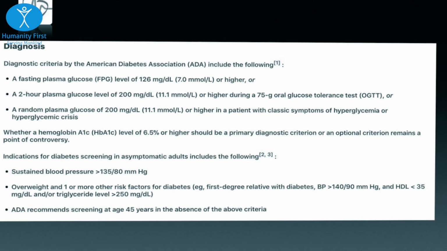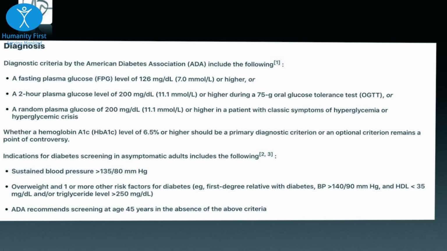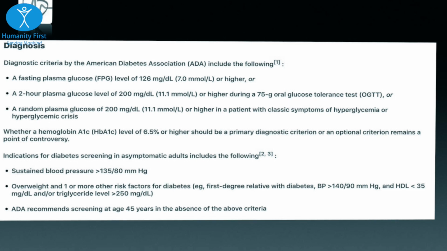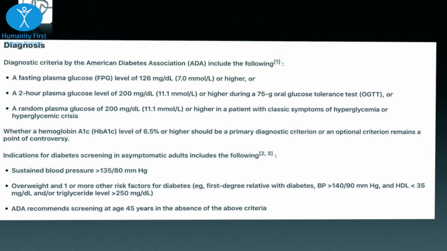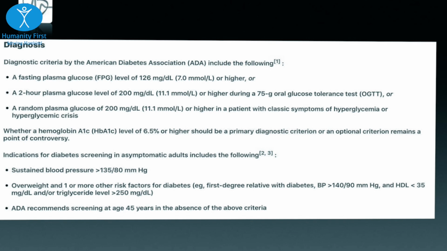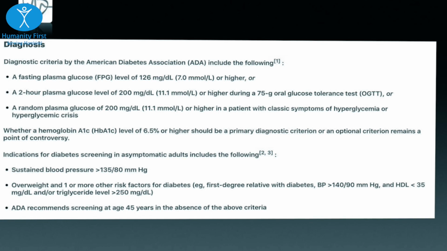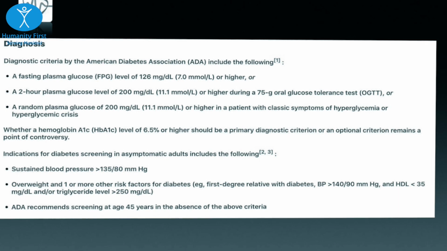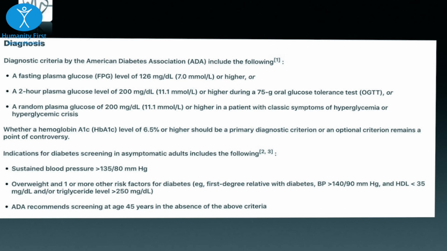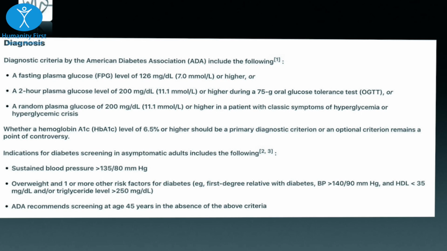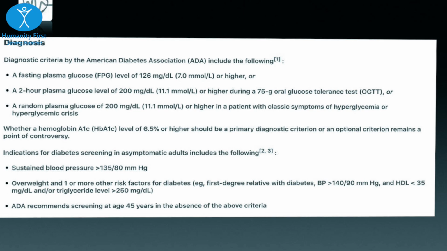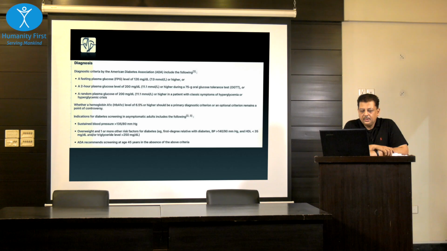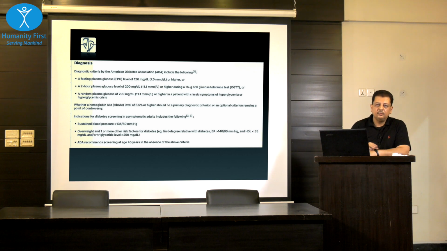Also, being overweight with one or more other risk factors for diabetes, which include a first degree relative with diabetes, blood pressure more than 140/90, and HDL less than 35 milligrams per deciliter, or triglyceride more than 250 milligrams per deciliter. ADA recommends screening at the age of 45 years in the absence of the above criteria.